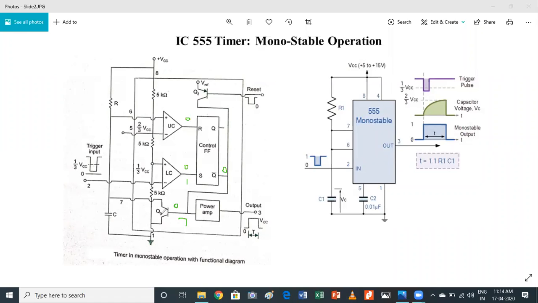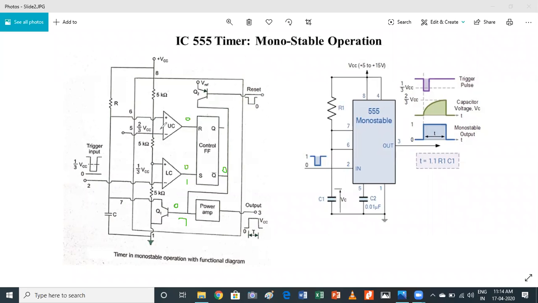Now Q1 becomes off, and if the transistor is off, the capacitor starts charging through this R resistor. So it starts charging, keeps on charging. The voltage is going to vary.